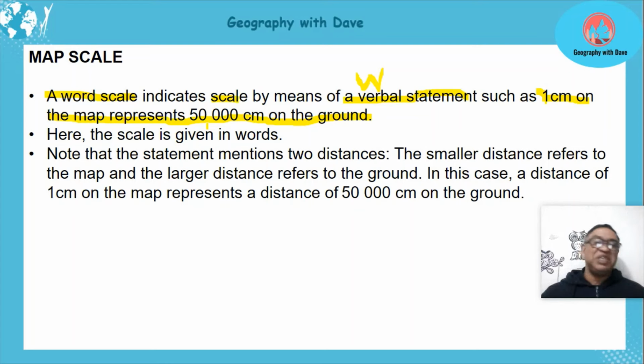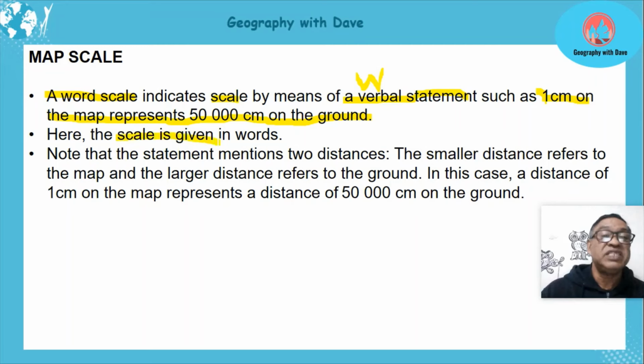You put everything in words if you want to. So it's actually telling the whole thing. If you just write 1 centimeter represents 50,000, you're not going to get it correct. You have to say 1 centimeter on a map represents 50,000 centimeters on the ground.